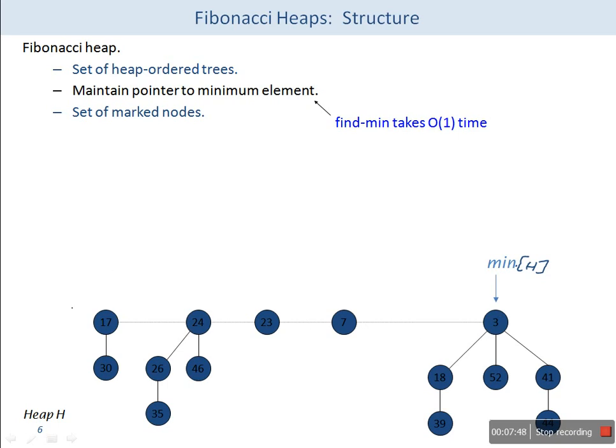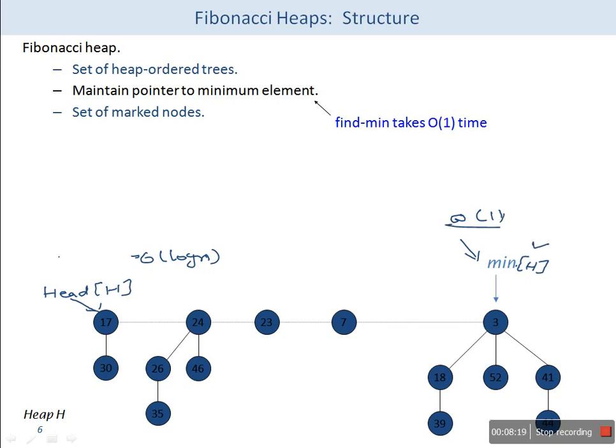In a binomial heap, we maintain a head pointer on the first element of the heap, so to find the minimum element we have to scan the whole root list, which takes order of log n time. But in a Fibonacci heap, as we maintain the pointer on the minimum element, it finds the minimum in order of one time, because we just access the element at the min pointer.